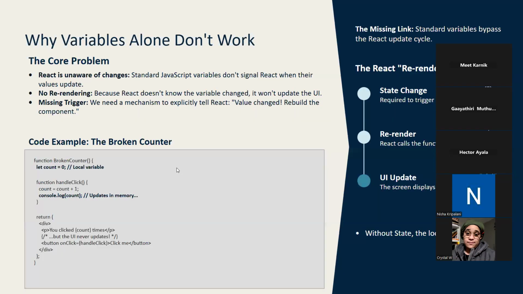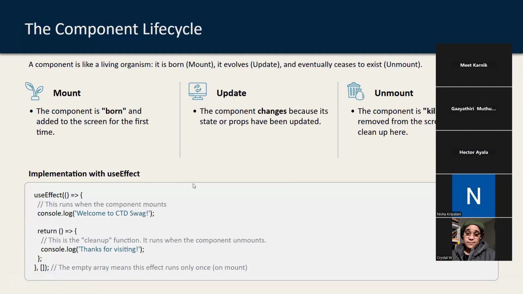So a helpful way to connect with this is with the useEffect method. We can run code when the component mounts. We can also return a cleanup function that runs when it unmounts. So take a look at the coding example that we have here. As I mentioned before, useEffect runs once when the component is mounted.